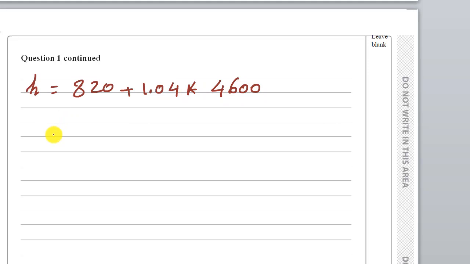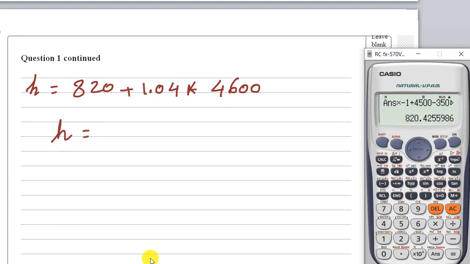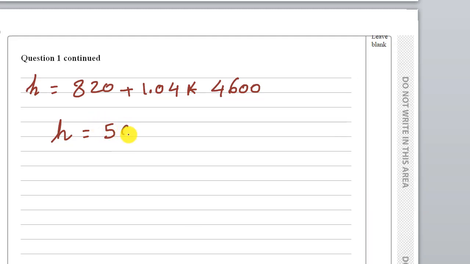So H is equal to 820 plus 1.04 multiplied by 4,600, which is $5,604.